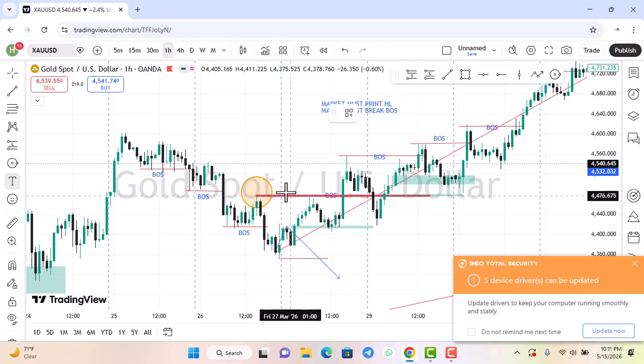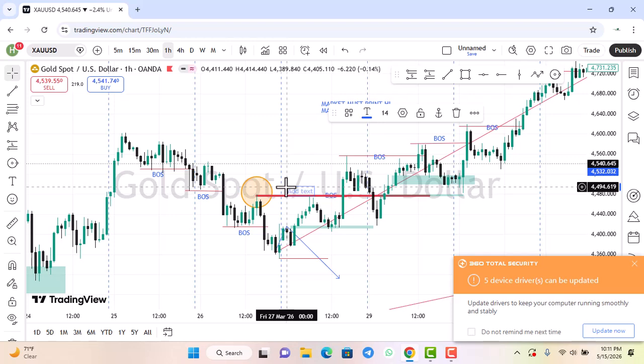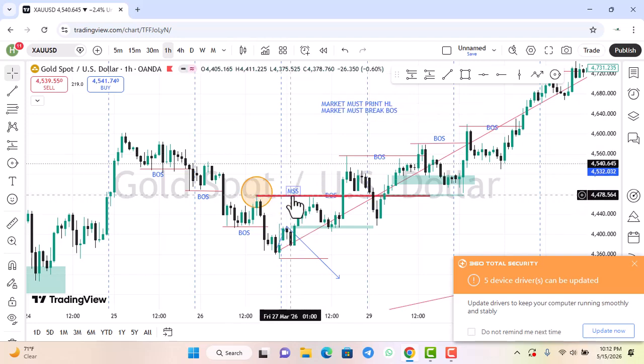Okay, now we are not using trend line to define the change in direction. We are using market structure shift, which is an ICT concept, to define it. MSS. This now become my MSS. So this trend line that I draw is now my MSS.